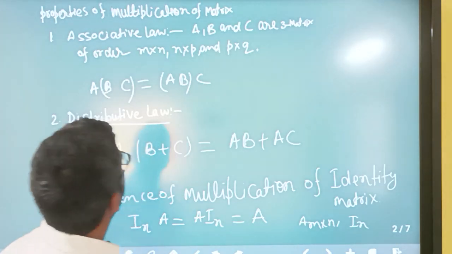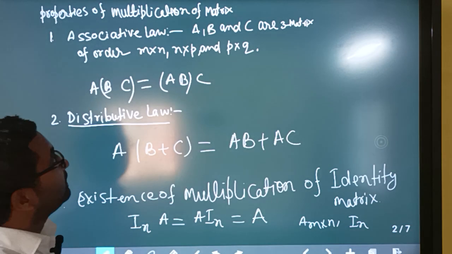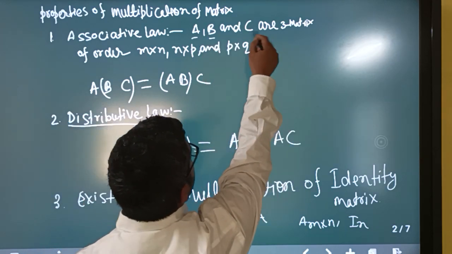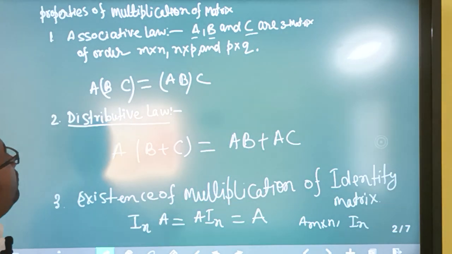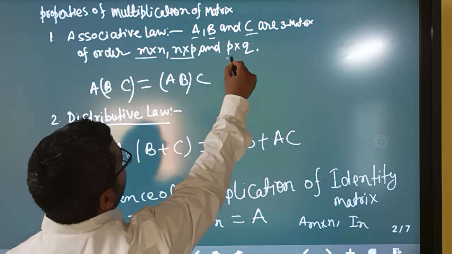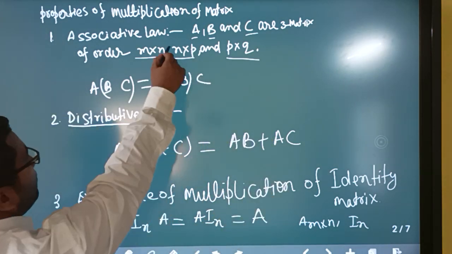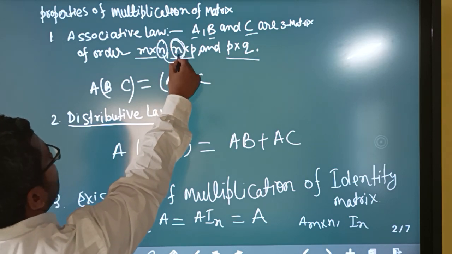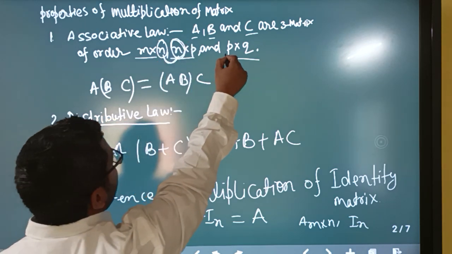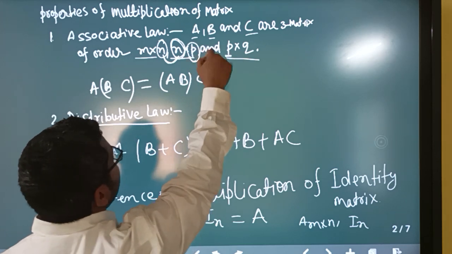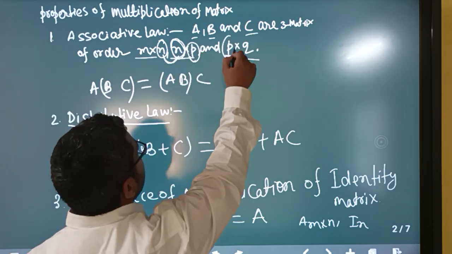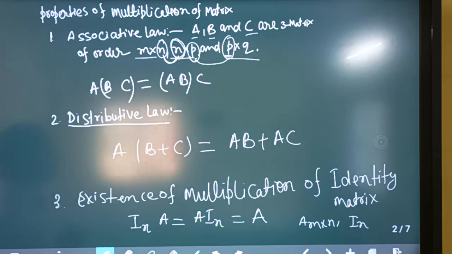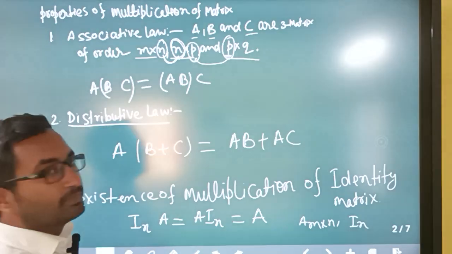Next, properties of multiplication of matrices. If A, B, C are three different matrices of order M cross N, N cross P and P cross Q, where the column of A equals the row of B, and the column of B equals the row of C, then we can find the product of these matrices.